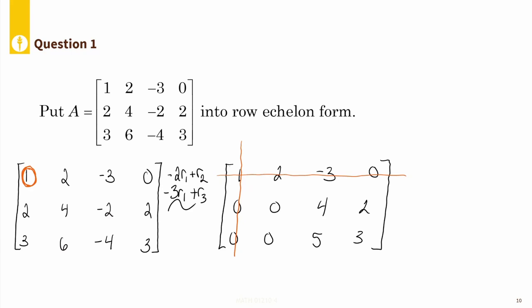Because you've already handled the first column, and obviously you're leaving the first row alone, now you look at that resulting submatrix. Repeat the process. Look for the first column with a non-zero entry. That is your pivot column.